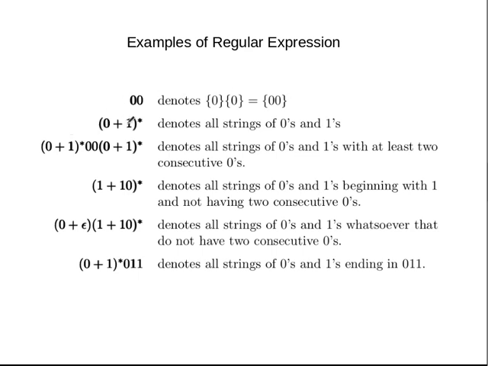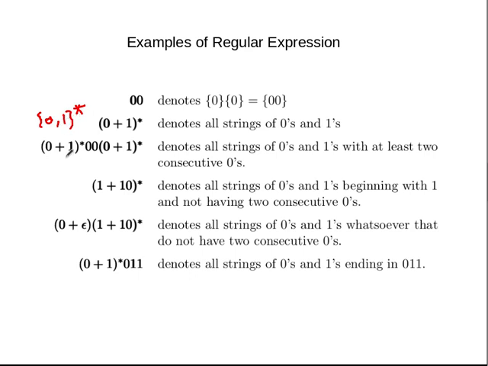So what is this? Again, 0 is just the singleton set 0. 1 will be a singleton set containing 1. So plus means union, right? So this means 0 union 1, that means this, and then the star means star. So this is the set of all strings constructed out of 0 and 1, right?